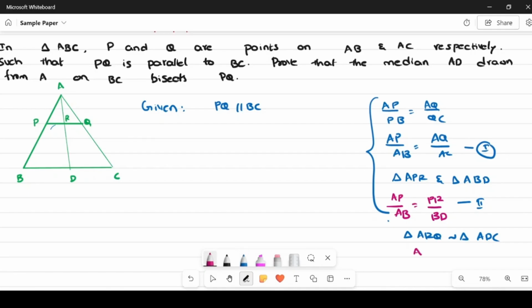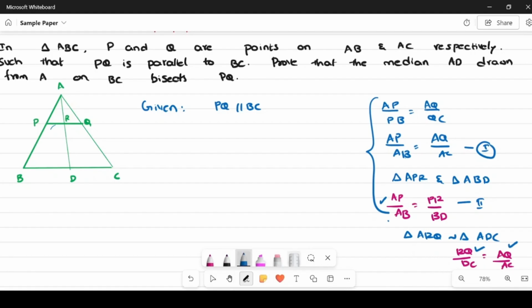AR by AD is equal to RQ by DC is equal to AQ by AC, right? Since we have this data, AP by AB is equal to AQ by AC, we already got a relation AP by AB here. So we need AQ by AC and we need to prove PR is equal to RQ. So definitely we need RQ. So we don't want this relation AR by AD. So let's not take this one.